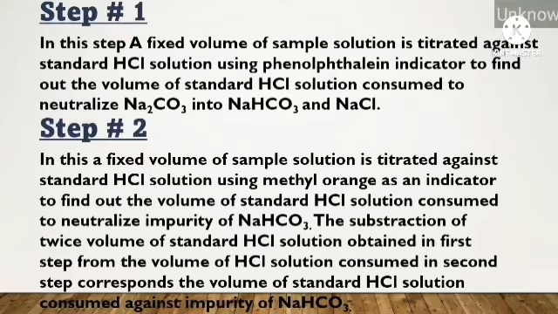The subtraction of twice the volume of standard HCl solution obtained in the first step from the volume of HCl solution consumed in the second step corresponds to the volume of standard HCl solution consumed against the impurity of sodium bicarbonate.